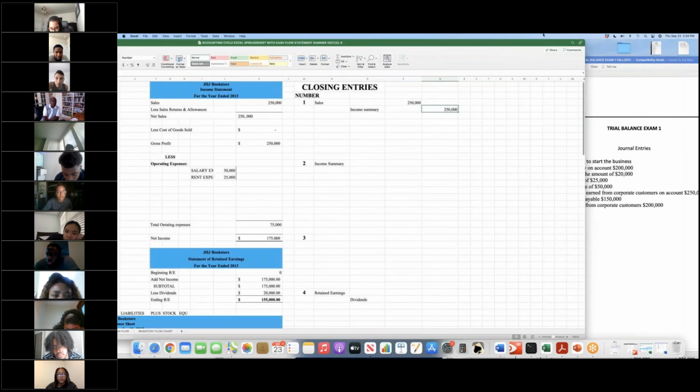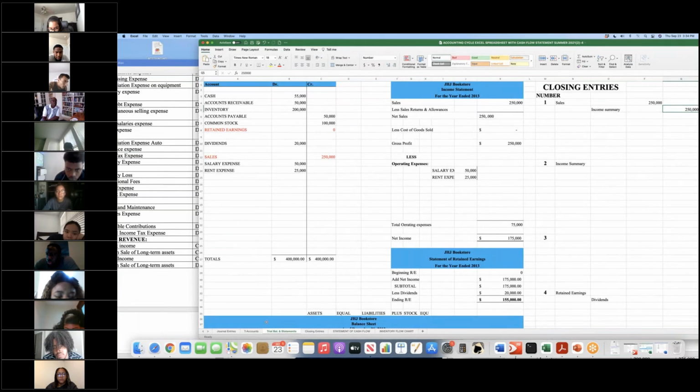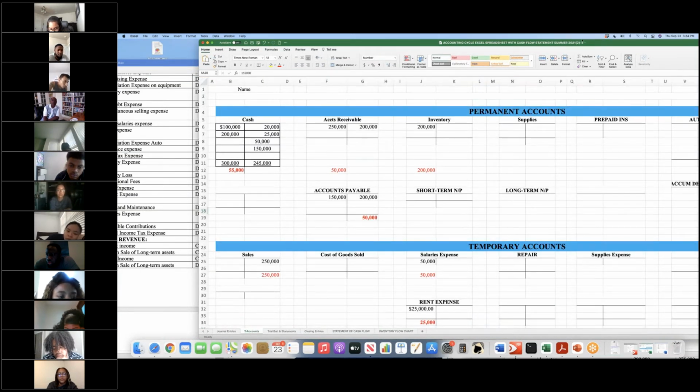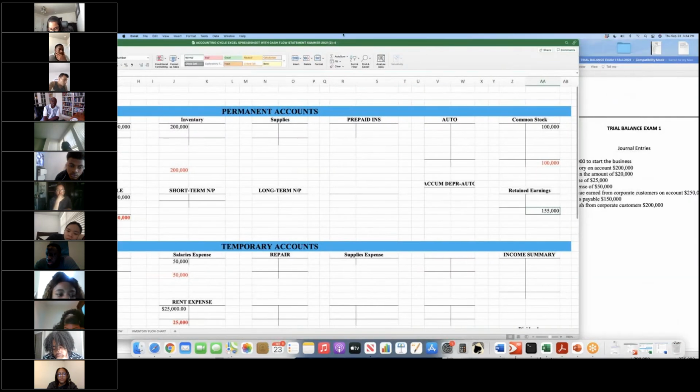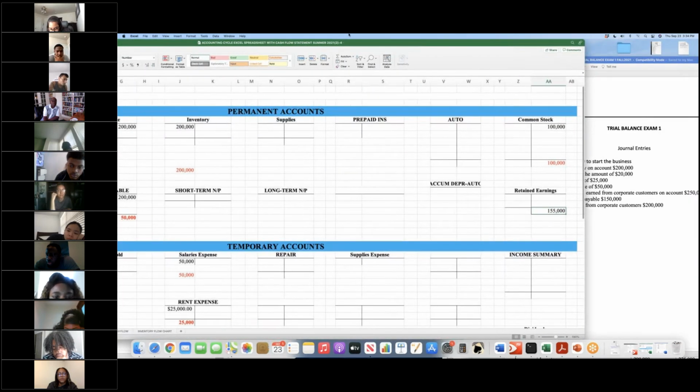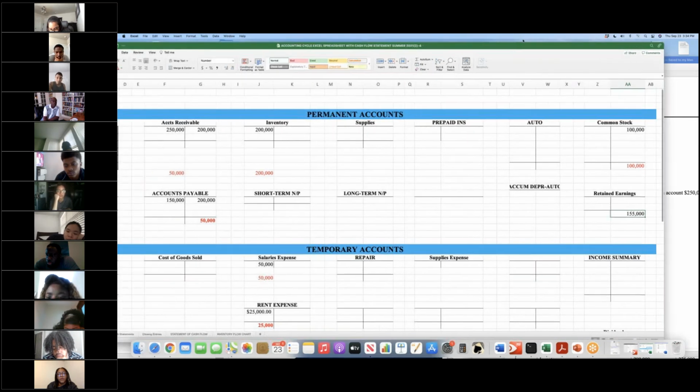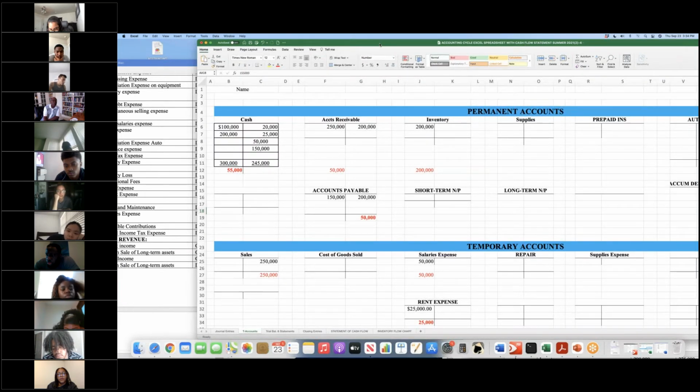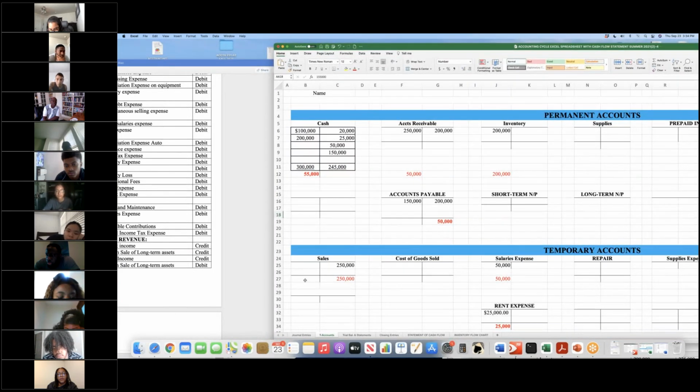So now we want to post this entry. And so we're going to go to the T accounts. See if we can get those kind of centered. And so first thing we're going to do, we're going to go over here and debit sales, because that's what we did in the journal entry.